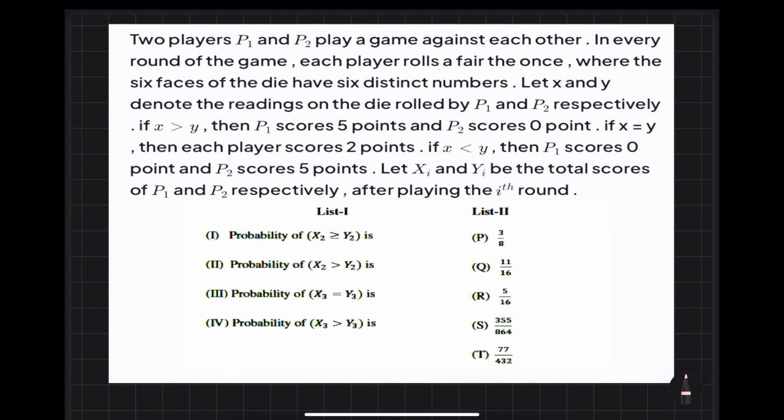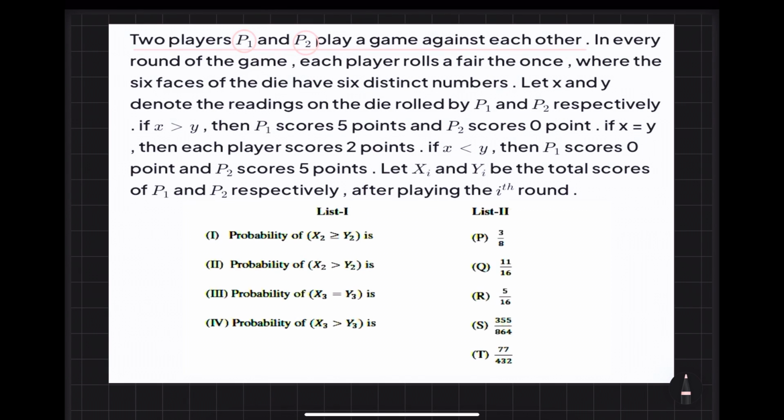So, we got a wholesome new problem which says two players P1 and P2 play a game against each other. Suppose P1 is me and P2 is you guys, and we are playing a game.